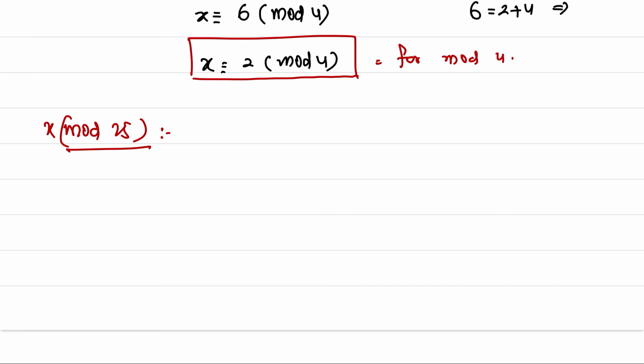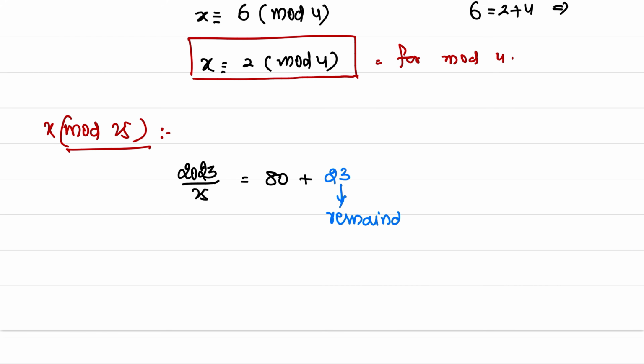Now, for mod 25, that means we should be able to divide 2023. 2023 when divided by 25 gives how much? 2023 by 25 is 80 plus, what is the remainder? 23 as remainder.